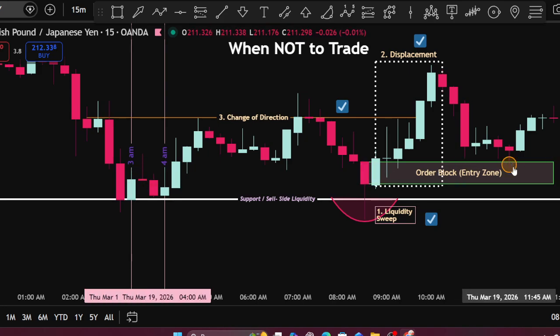I needed all of this sequence to be before my time zone to enter. This is what I wanted to do at the 3 to 4. So the strategy works, but sometimes the market doesn't give it to you in the time that you're on the market. So this is an amazing example of when not to trade.